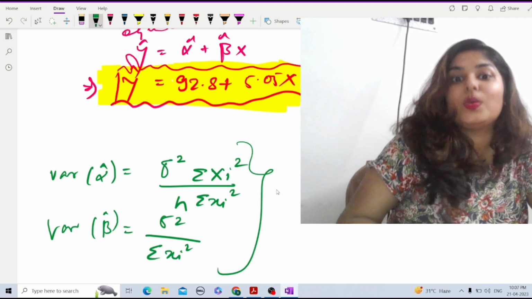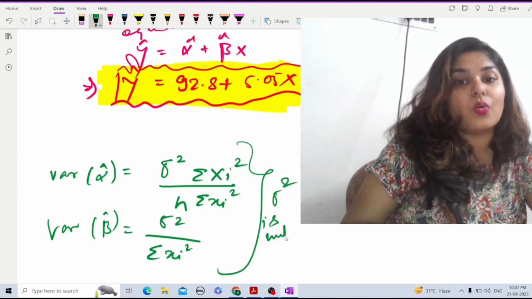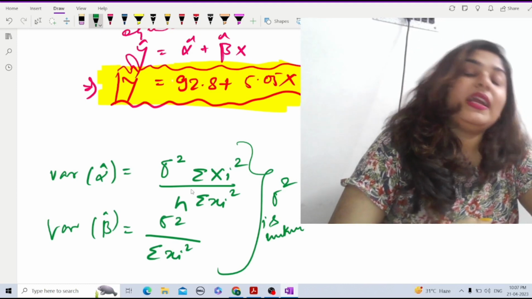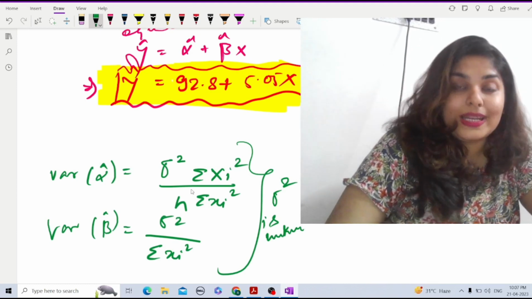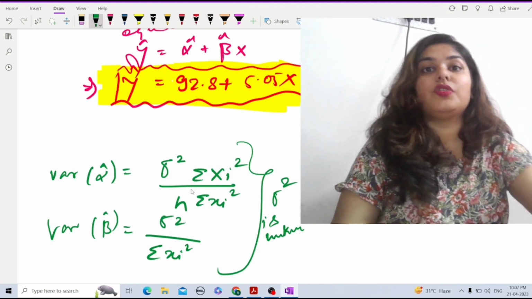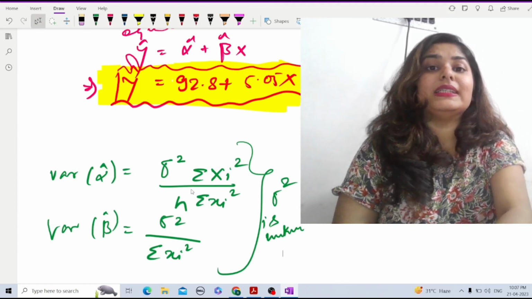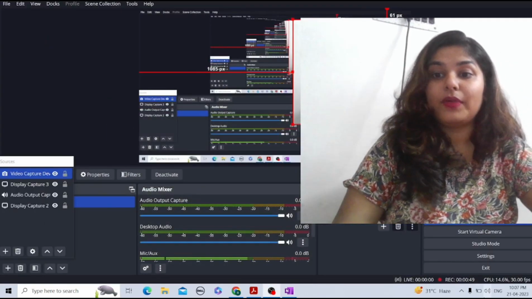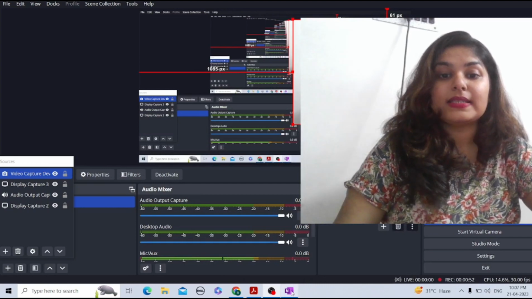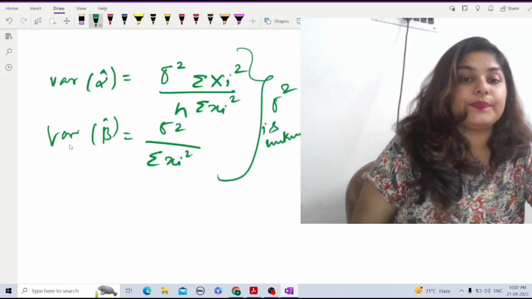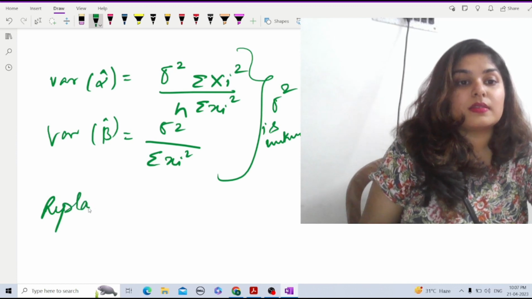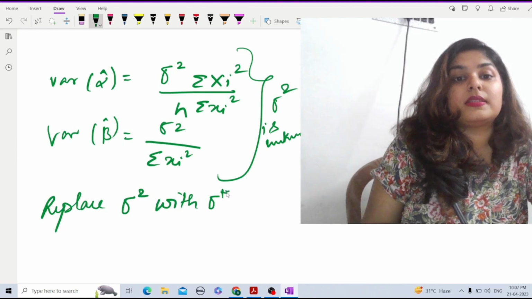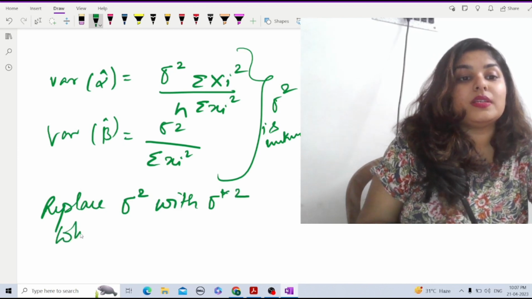Now in this case sigma square is unknown, so we cannot use it directly, because we have to find out its value for the testing of hypothesis. For that I'm going to use the unbiased estimator, replacing sigma square with sigma star square.